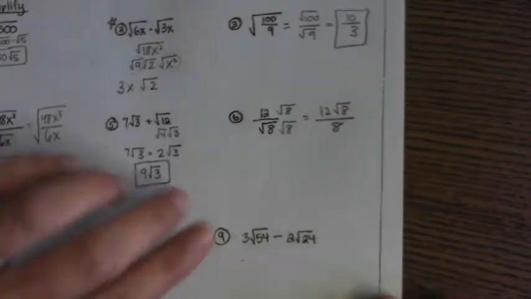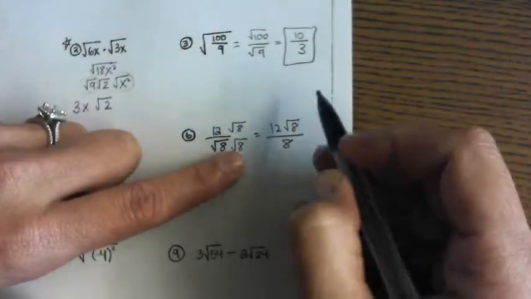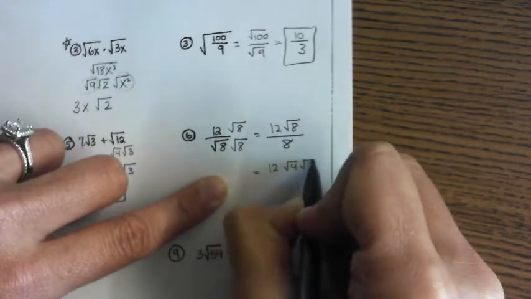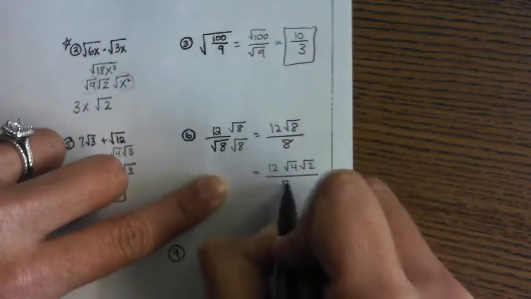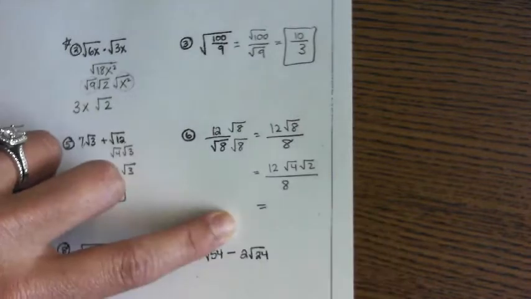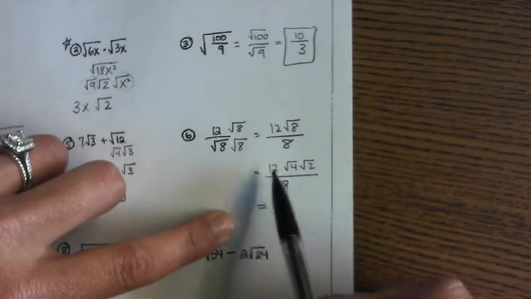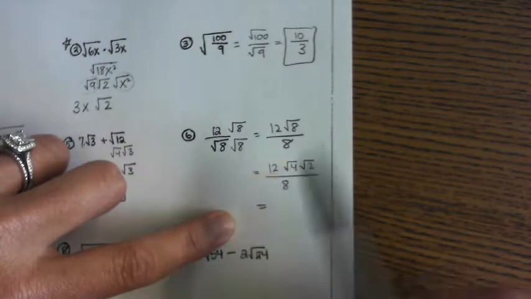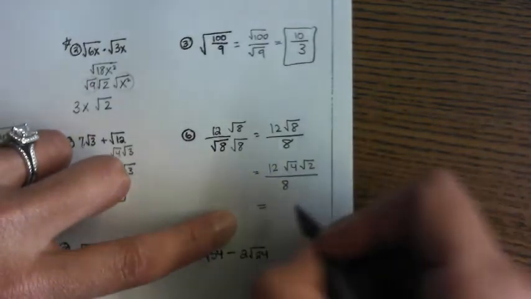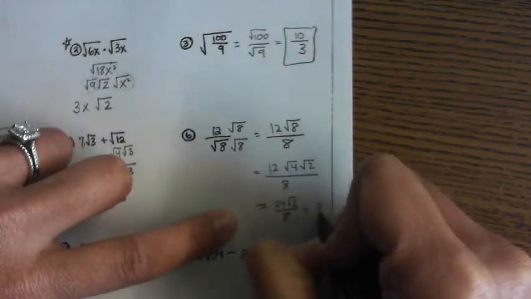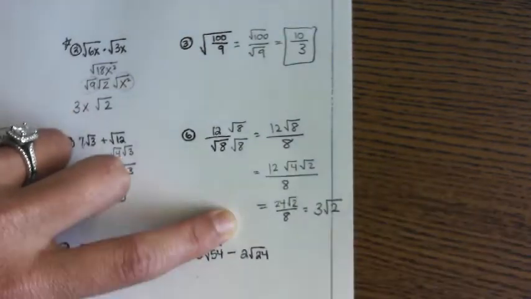And then I'll take care of the root 8 is just root 4, root 2. And then the square root of 4 is the whole number 2. So 12 times 2 up top is just 24 root 2 over 8, which is just 3 root 2.